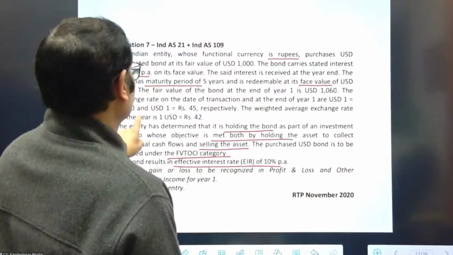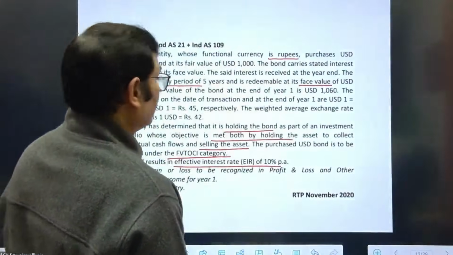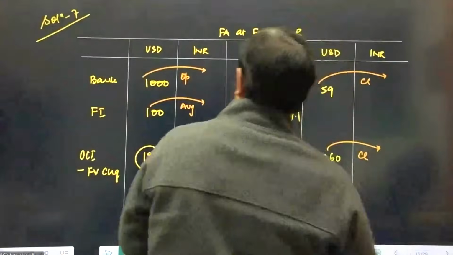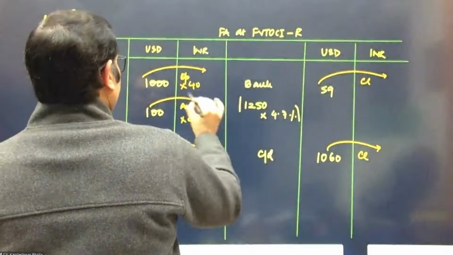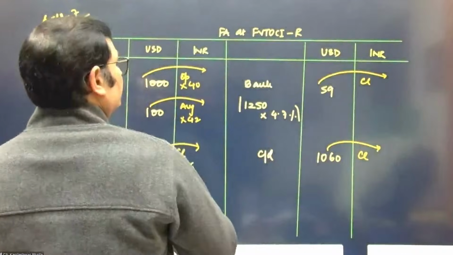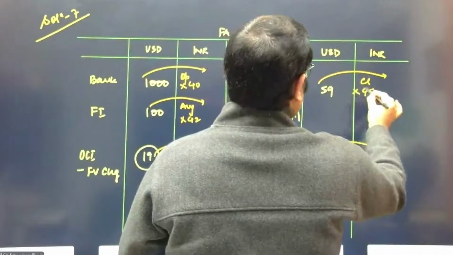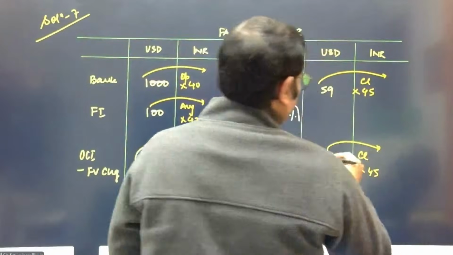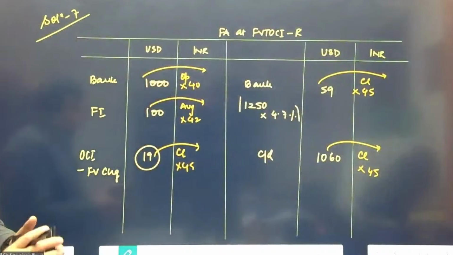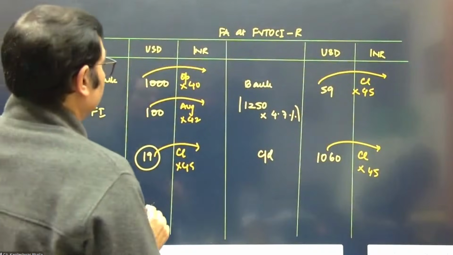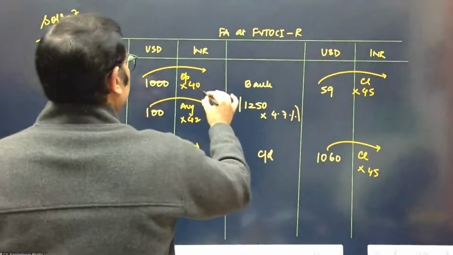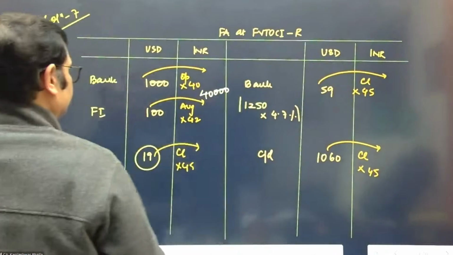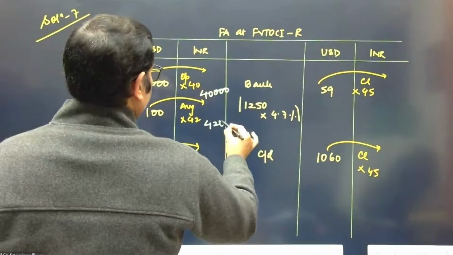Let's now pick up the rates. The rate on the beginning is 40, end is 45, average is 42. So opening is 40, average is 42, this is 45, this is 45, and this is also 45. Then we can get the foreign exchange gain loss. So this is going to be 40,000. This comes to 4,200.